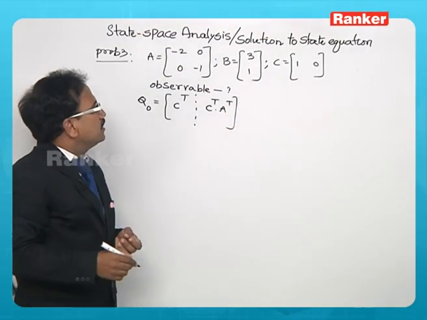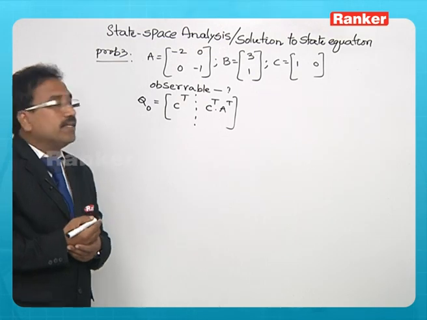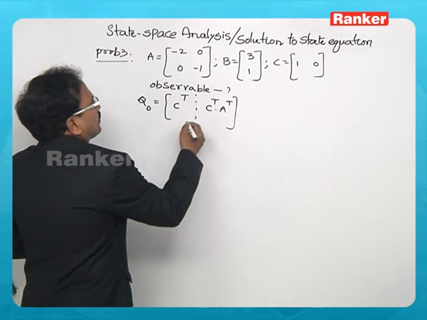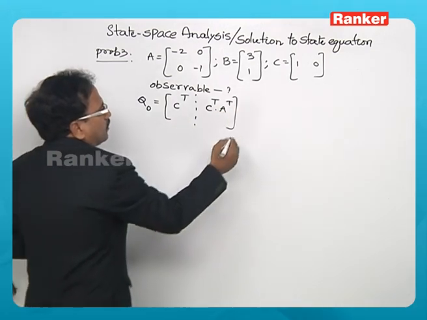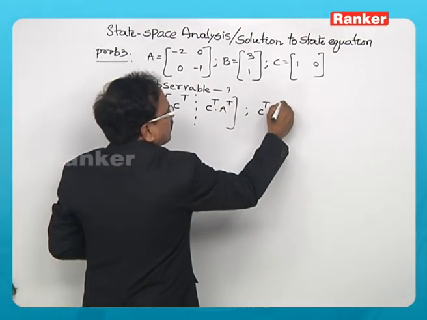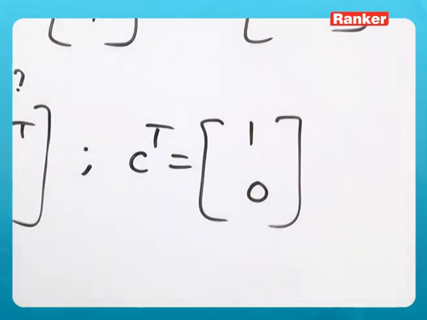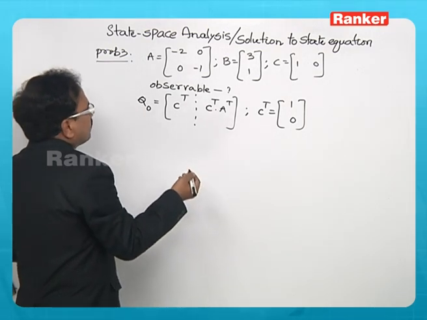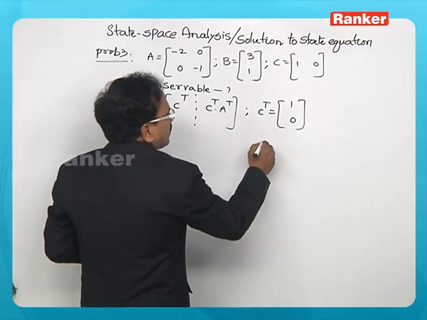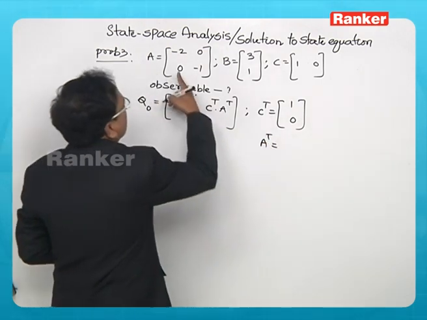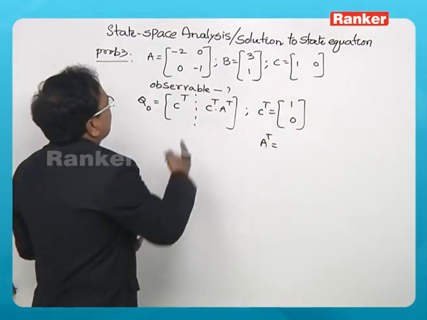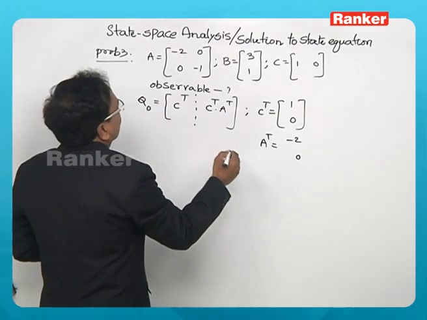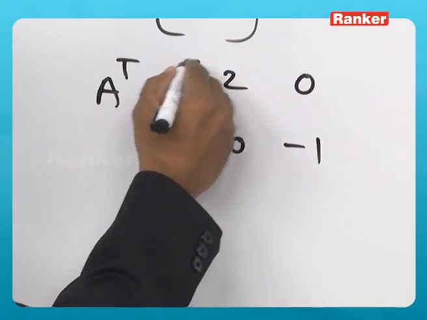The observability matrix is formed with the help of the state matrix and output matrix, whose transposition you also need to determine. C is given as 1 0, so C transpose is 1 0 this way. Now, C transpose into A transpose. First you need to know what A transpose is, because A is given here as -2 0 and 0 and -1. So, we write A transpose as -2 0 and 0 and -1.